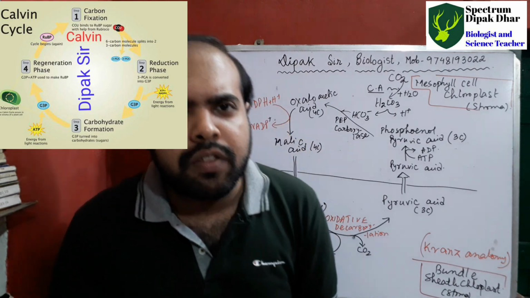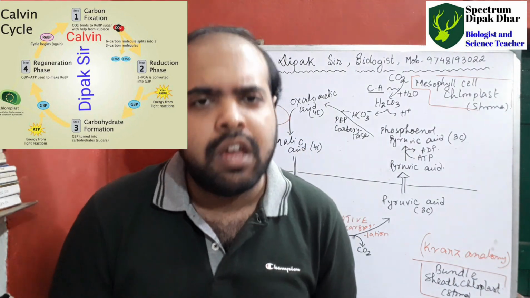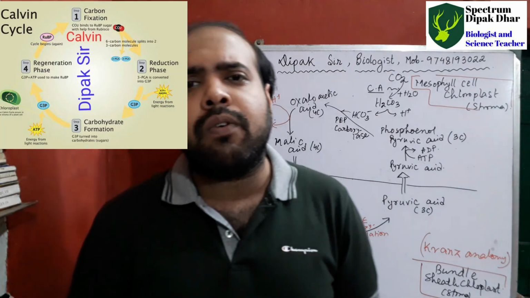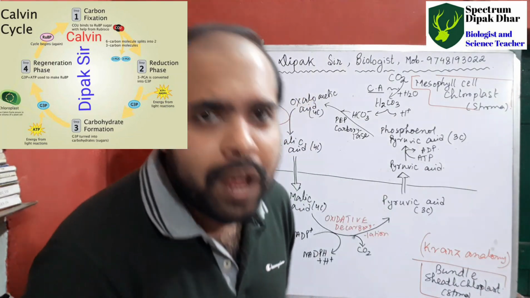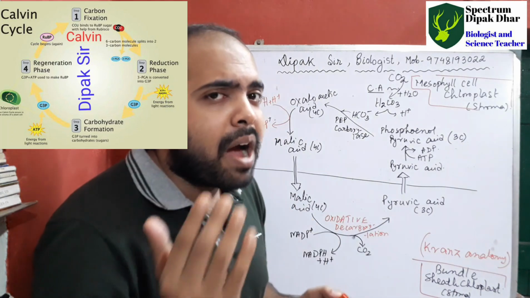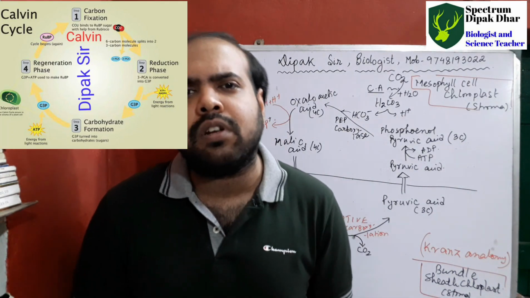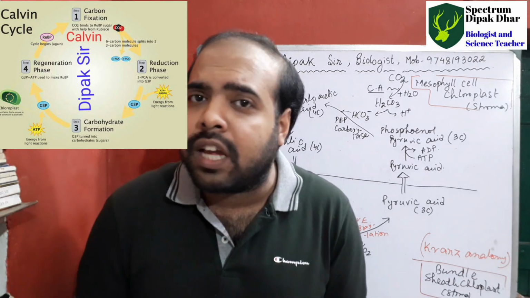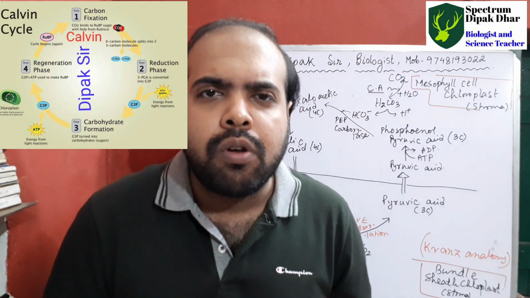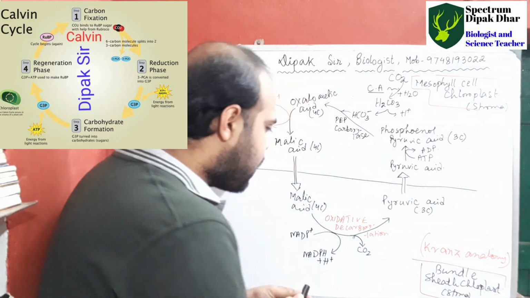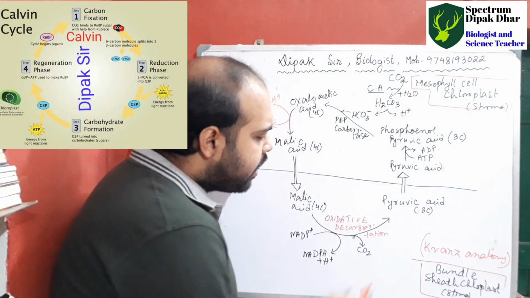The carbon dioxide which is being liberated from the malic acid at the oxidative decarboxylation stage will be entrapped by rubisco, and the principal acceptor of this particular carbon dioxide will be ribulose 1,5-biphosphate.